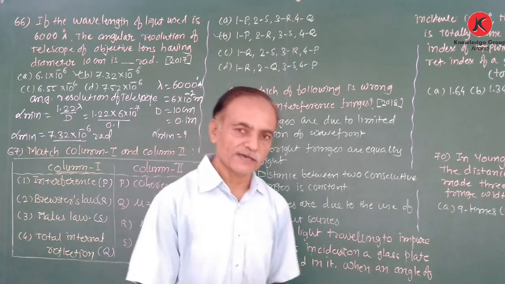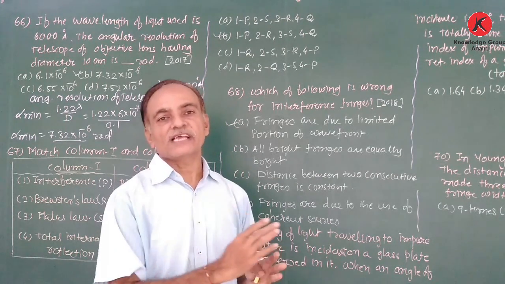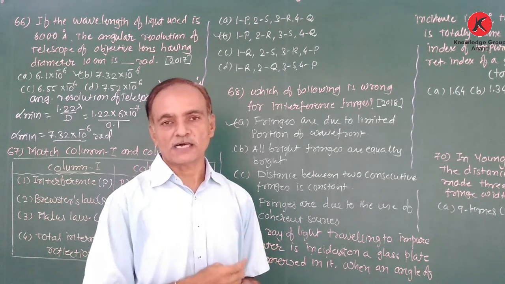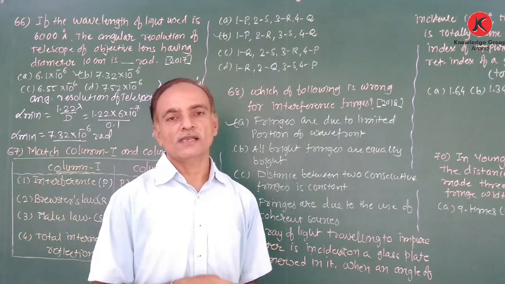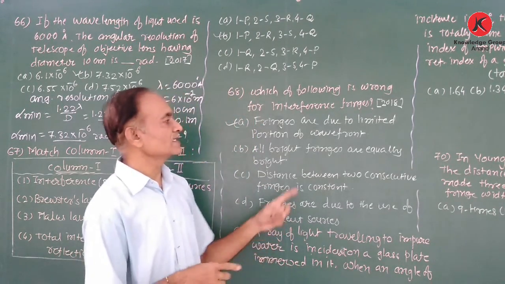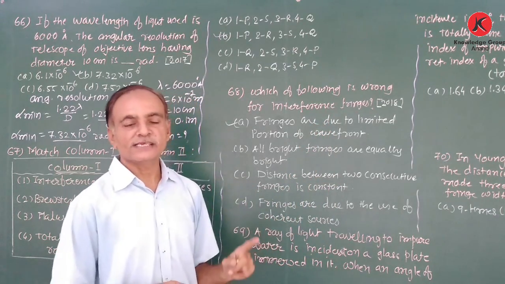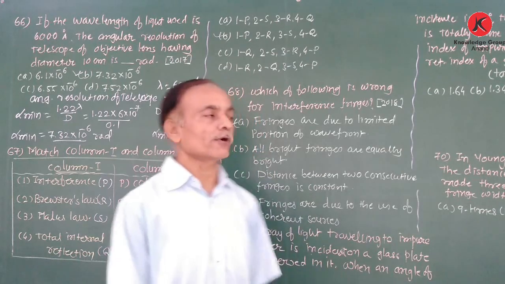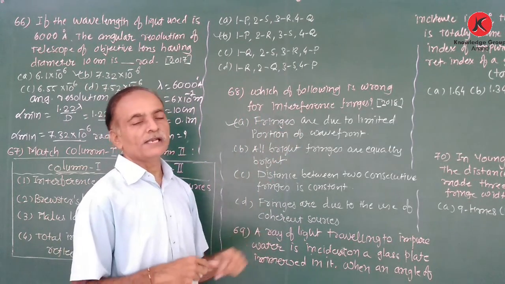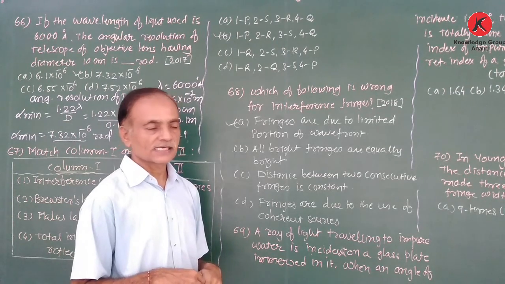Because in a diffraction pattern, according to the width of a slit, the wave is sparse, that means the wavefront is sparse. If the width is very small, the small wavefront of the wave is sparse. Therefore, the diffraction fringes are due to the limited portion of the wavefront, while the interference fringes are not due to the limited portion of the wavefront. Clear this? Okay.